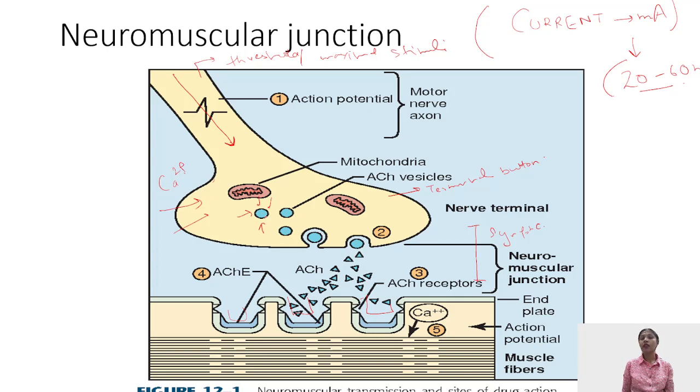These vesicles which are present in the terminal button are also known as the synaptic vesicles, which have acetylcholine in them. Around 5,000 to 10,000 molecules of acetylcholine are present in one vesicle, and there are thousands of such vesicles present. They're also known by the name of quanta.